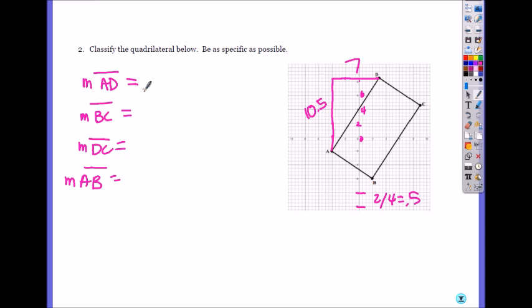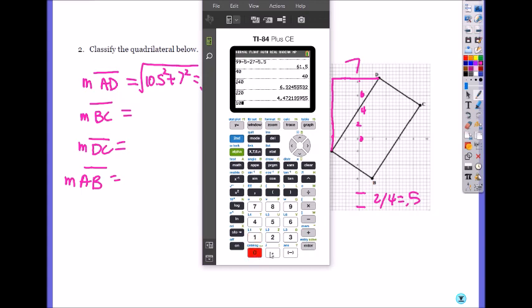So AD is square root of 10.5 squared plus 7 squared. So this time, let's just find the decimal answers.